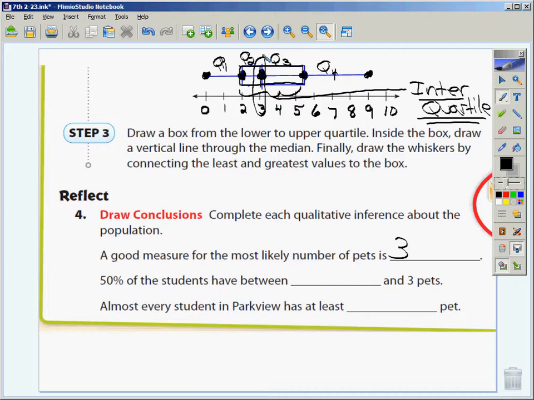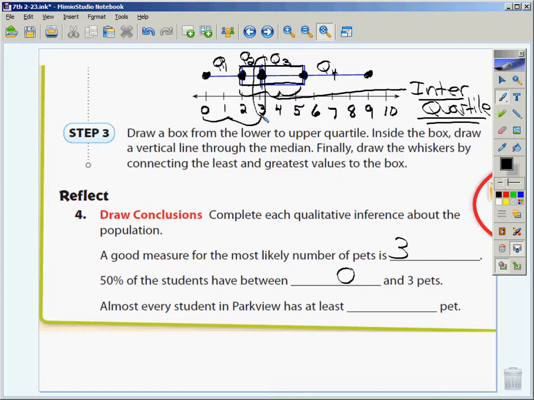50% of the students have between blank and 3 pets. So if it's between something and 3, where could I find 50%? Between 0 and 3. 25% between 0 and 2.